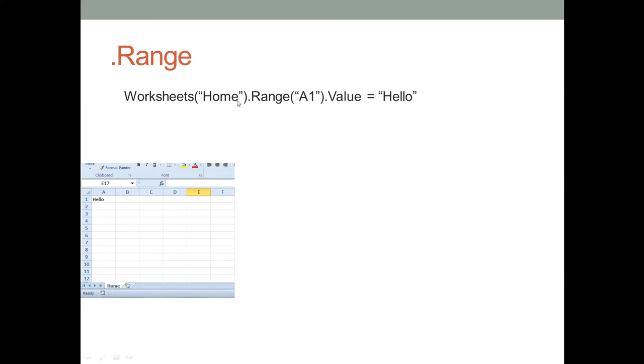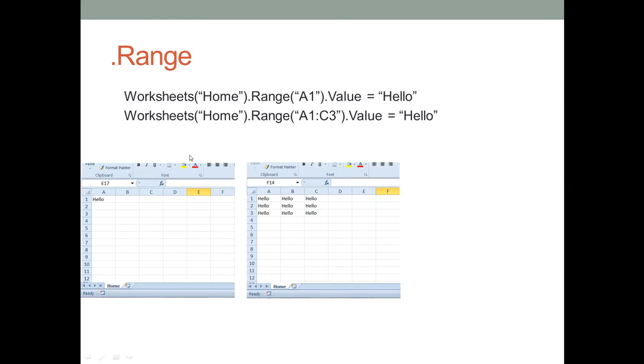So worksheets home dot range A1 dot value equals hello. In short, this says: in worksheet home, in the range A1, change the value to hello.